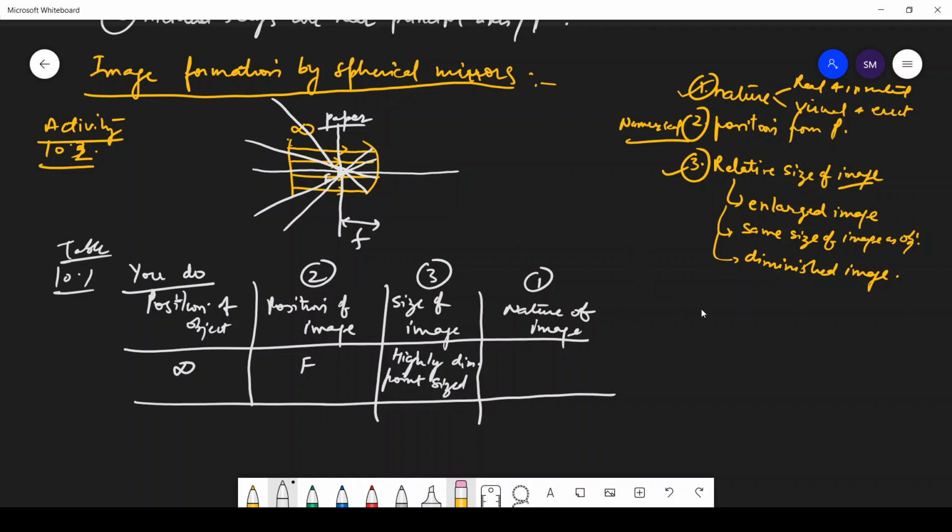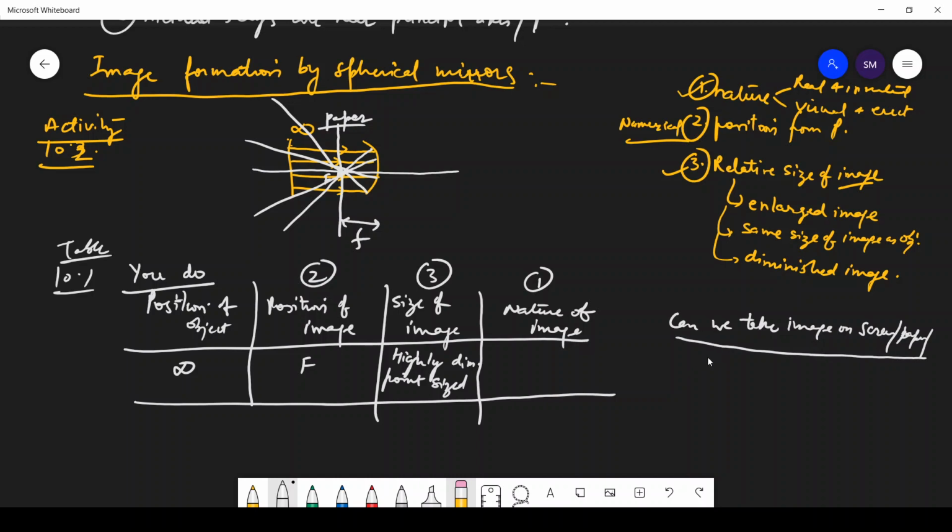When we talk about the nature, always the question that should come to your mind is, can I take it on a screen? Can we take the image on a screen or paper or cloth or any material, on any plane?